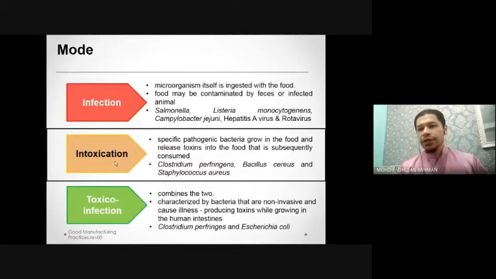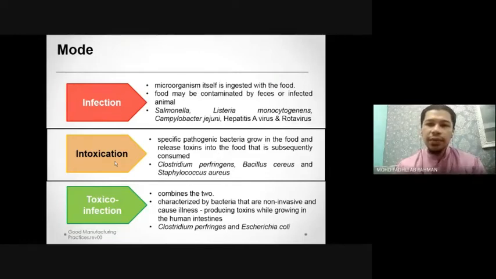So what is infection? Infection is when the microorganism itself is ingested with the food. The microorganism is consumed together with the food.